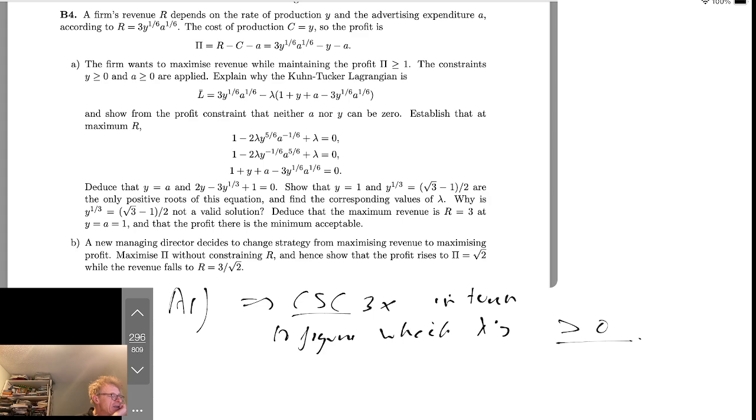In A2A, you're supposed to do Kuhn-Tucker theory. It's best to start with the main constraint, so either lambda is 0 or lambda is bigger than 0, then the constraint is binding.